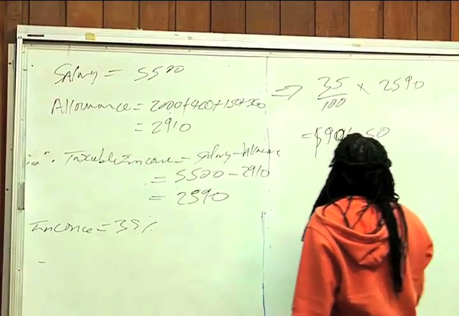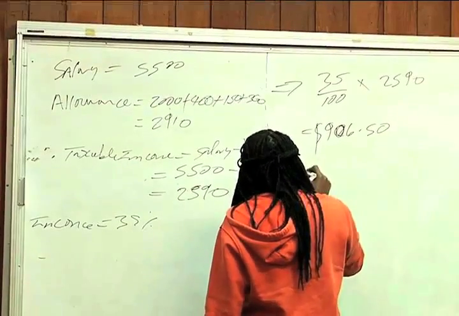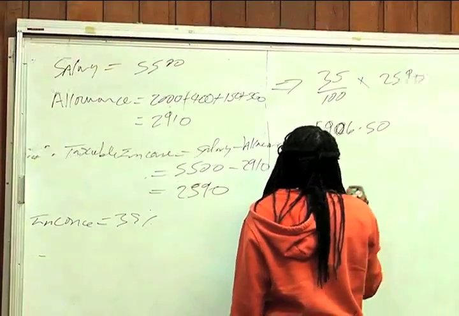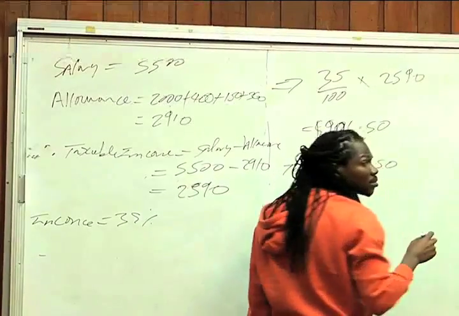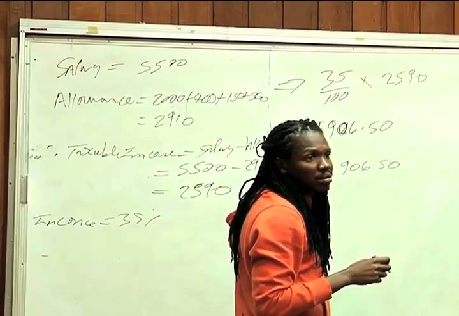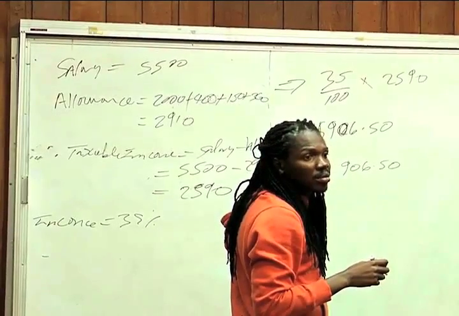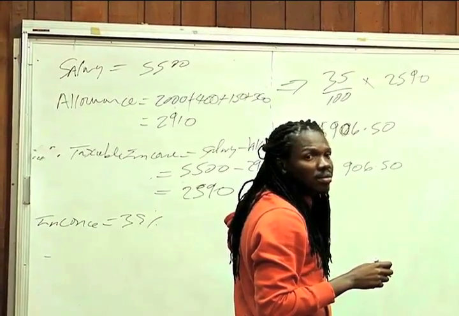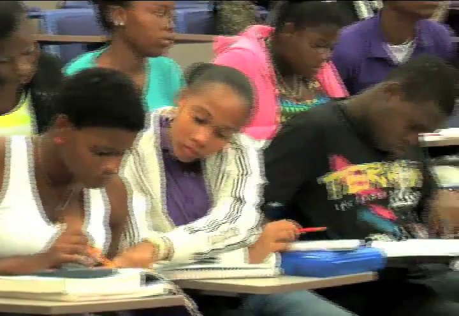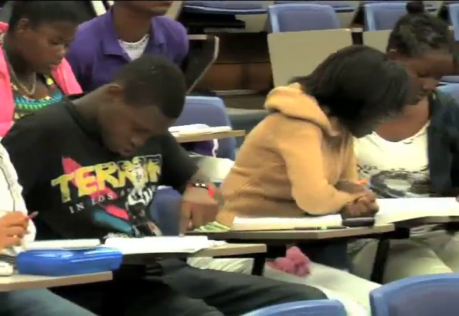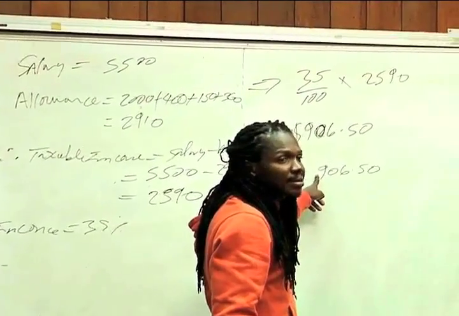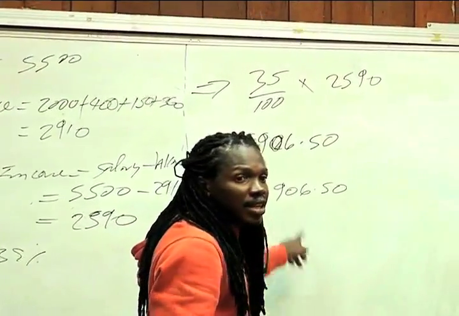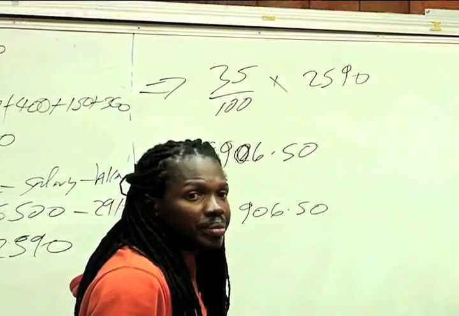So therefore his tax is, what does the question ask? It said calculate the taxable income and the amount he has to pay. So the amount he has to pay in income tax, that's this. See it? Tax.